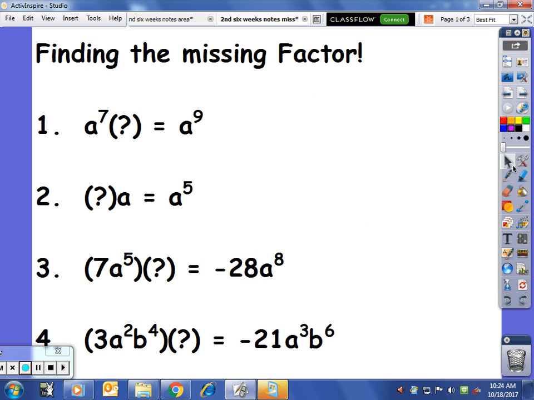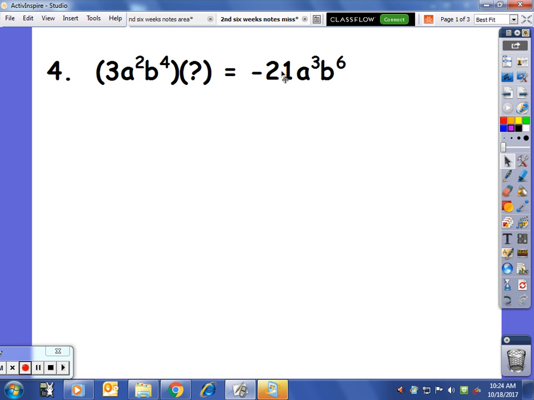All right, and then the last one on this page. Notice how I said on this page. Definitely a negative 7.